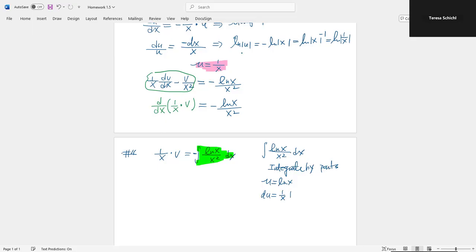Then I will let dv be the remaining part, 1 over x squared dx.